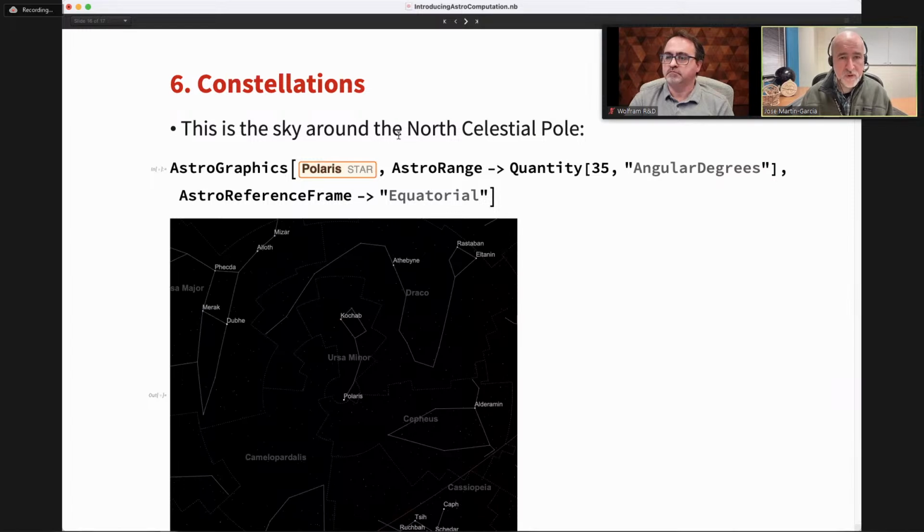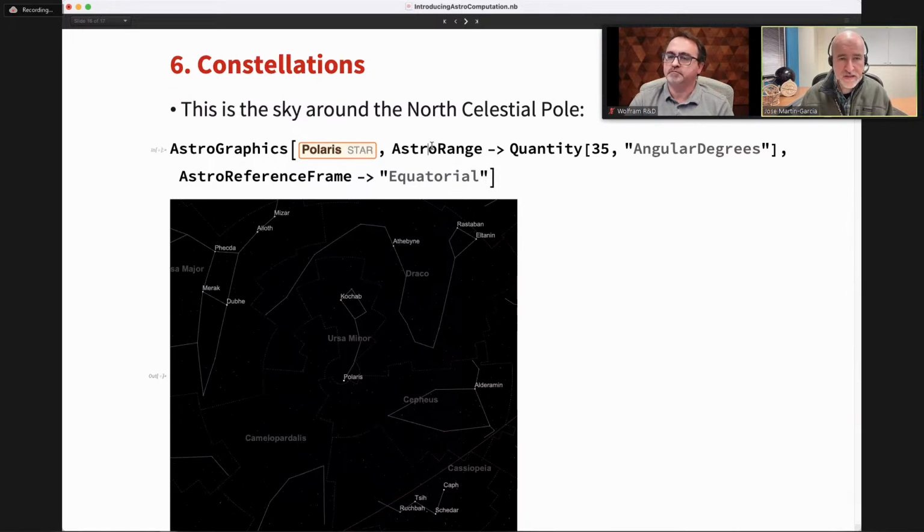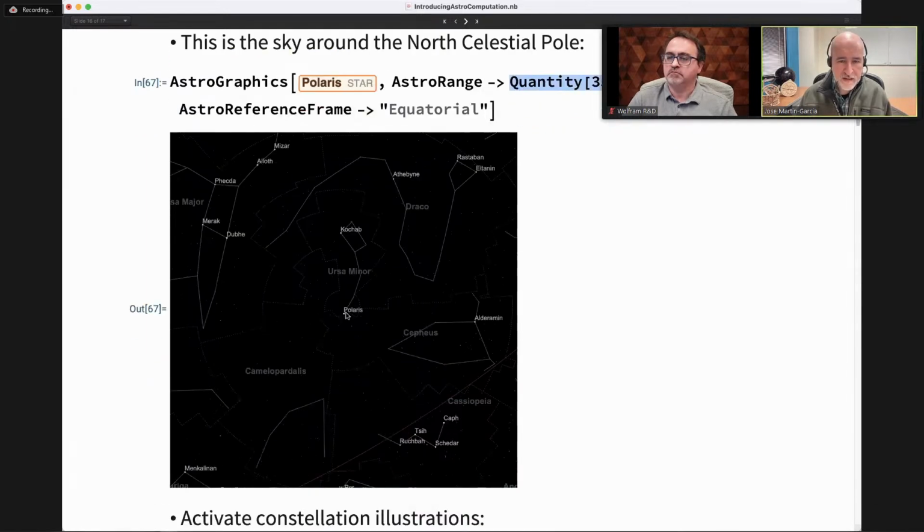And I'm going to talk about constellations for a bit. So if we ask, for example, for the region of the sky about the Polaris star, and now it is a very large region, 35 angular degrees, we get a map like this, in which we have Polaris, Ursa Minor, constellation here.